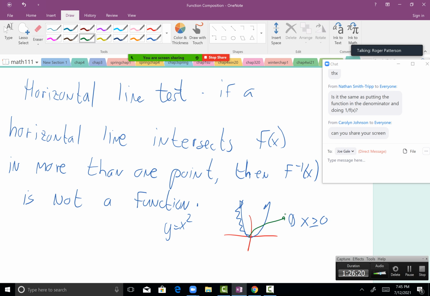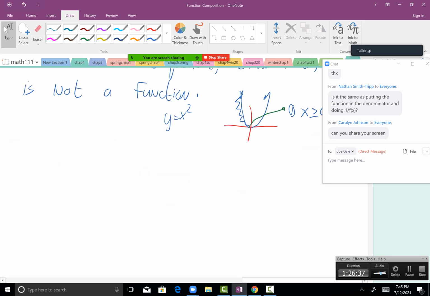Remember domain and range switch, because they give you some with just domain and ranges, so you're just going to switch them. Here on problems 35 through 38, they're going to ask you to do some function composition.